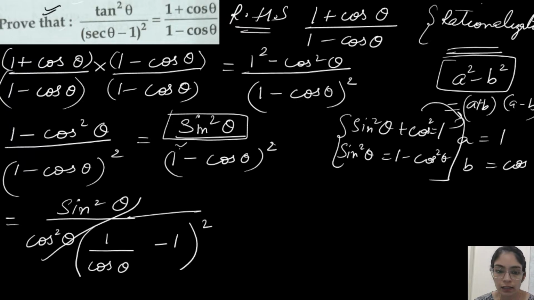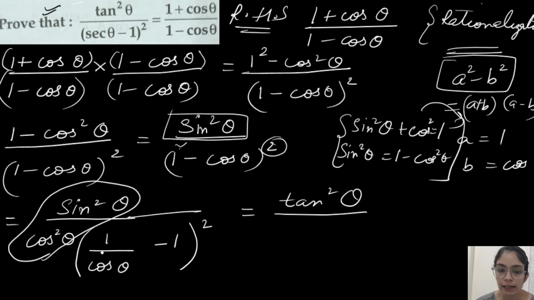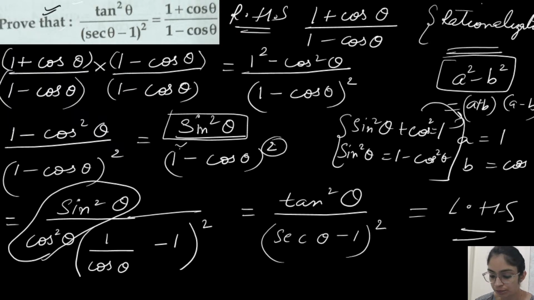Now sine square by cos square becomes tan square, and the square has come because whole square was there. When cos is taken common, it will be in square form. So sine square by cos square becomes tan square, and 1 by cos becomes secant theta, minus 1 as it is. Which equals our left hand side also.